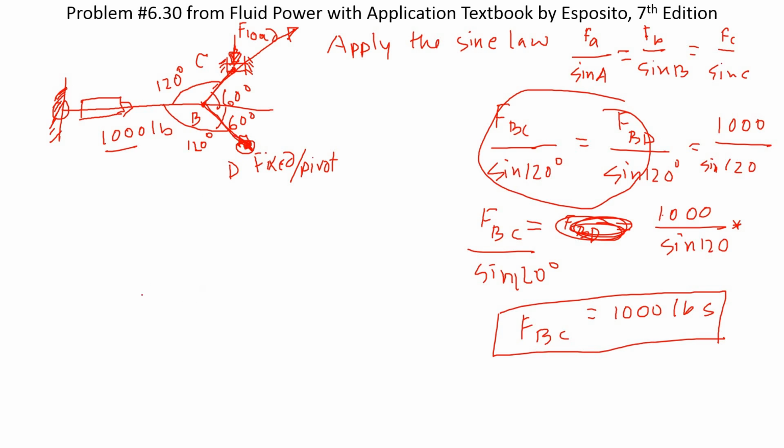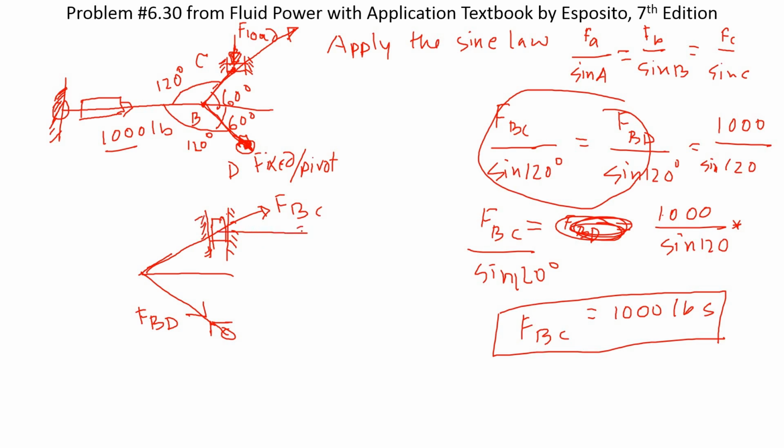If I redraw this, the BD force will be neutralized by this pivot point. However, there is nothing to neutralize this piece, this F_BC, other than the cylinder.